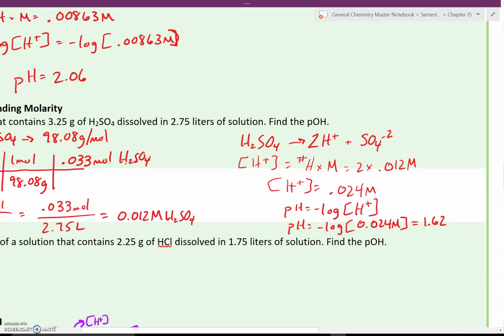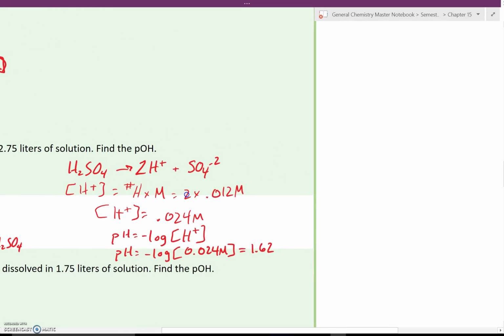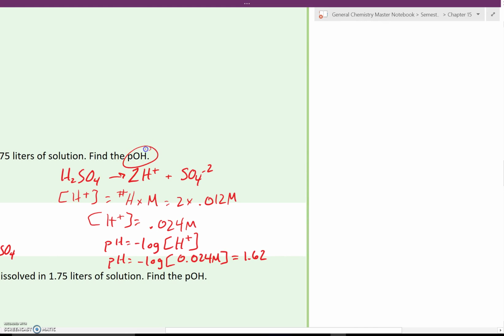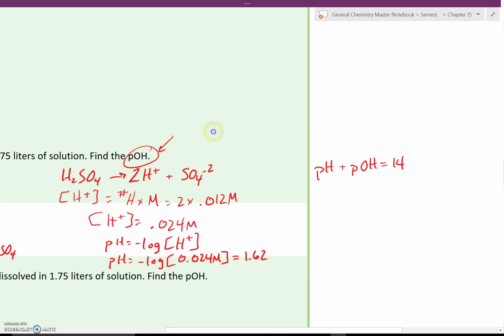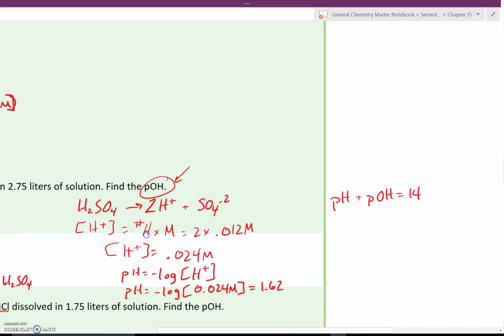Now, the next and final step is to solve for our pOH, what we're actually asked to solve for in our question. The simple equation is that our pH plus our pOH always has to equal 14. So we take the pH that we solved for, the 1.62, and plug it in.